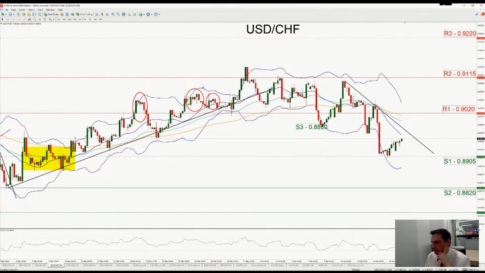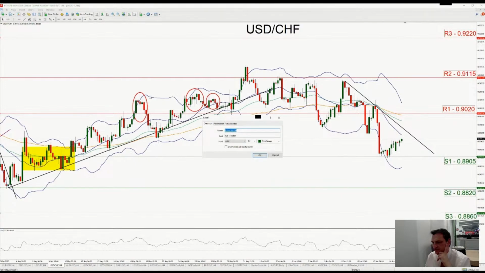And the shorter one, which is being placed at 87.55. So it's 0.8755.